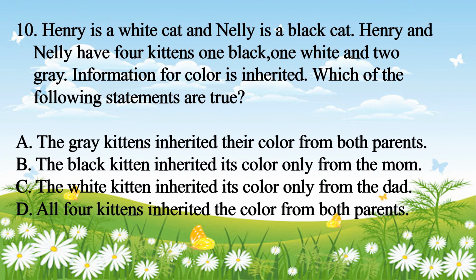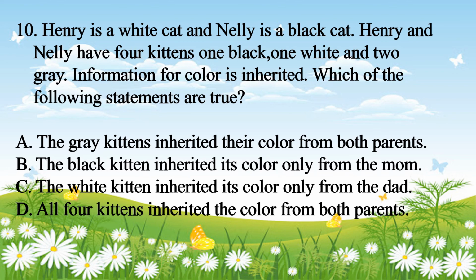And number 10. Henry is a white cat and Nellie is a black cat. Henry and Nellie have 4 kittens, 1 black, 1 white, and 2 gray. Information for color is inherited. Which of the following statements are true?